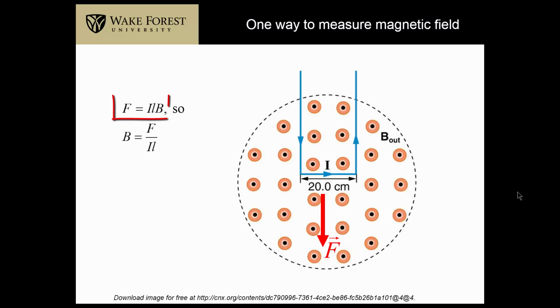So the force on that little segment at the bottom is ILB, so B is just F over IL. That's a nice little way of measuring the magnetic field. Measure that force for a given current. If we know the length and the current, we in fact know the magnetic field. And I will note that the force on the left and right segments of wire cancel, so we don't have to worry about that.